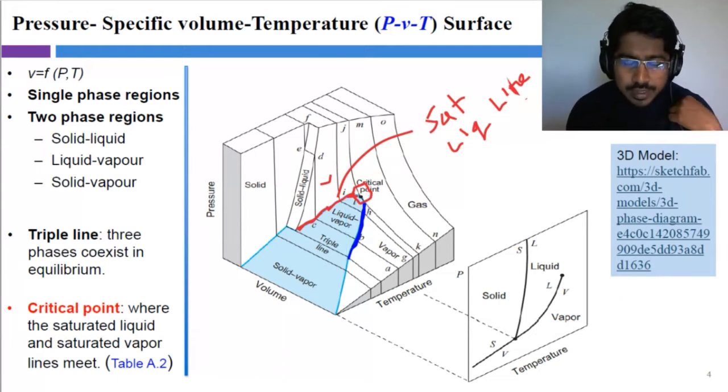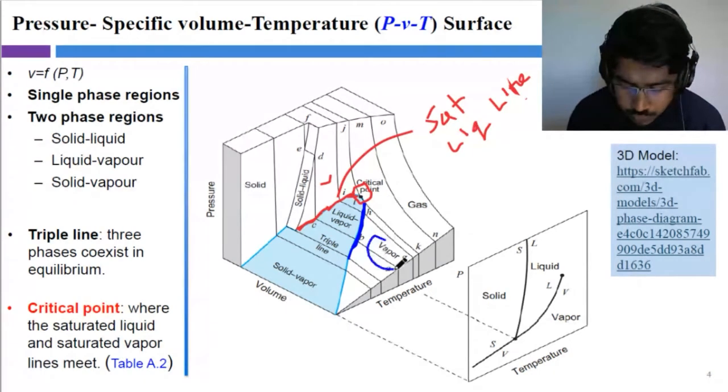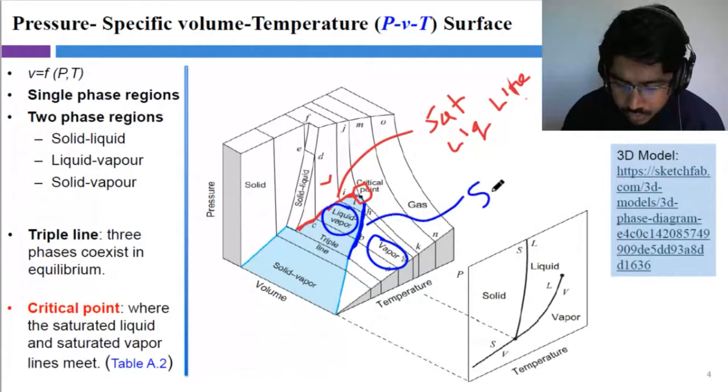We can call it the saturated vapor line. Similar to the saturated liquid line, it separates the liquid plus vapor region from the vapor region, right? So this region is the vapor region and this is the liquid plus vapor region. So this is the saturated vapor line.